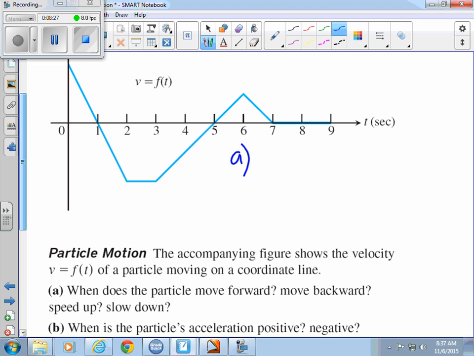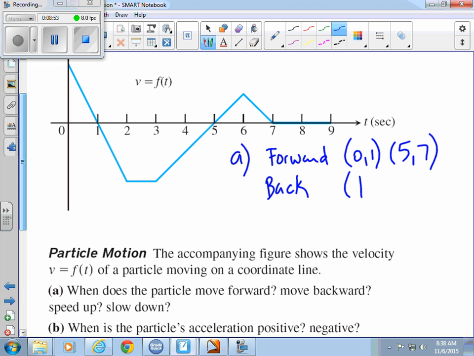So it's moving forward from 0 to 1 and 5 to 7. And it's moving backwards from 1 to 5.